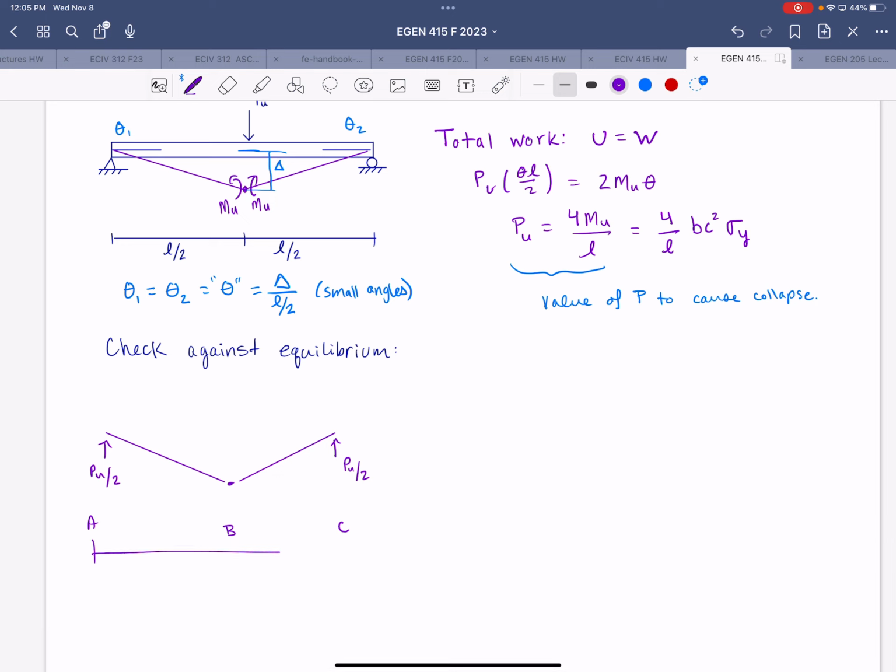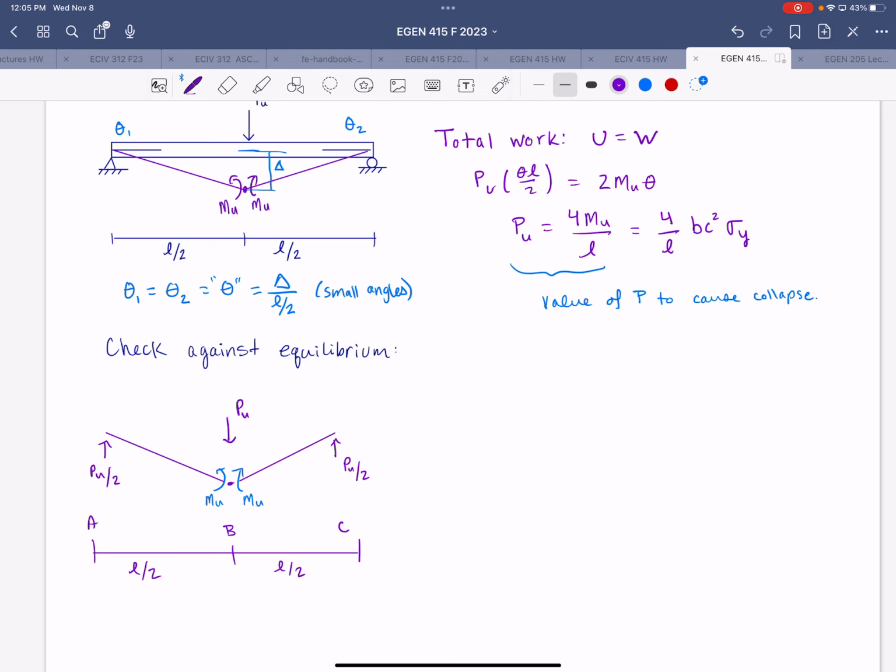The horizontal distance between each point of interest is L over 2. And we have our ultimate moment, Mu. And can't forget about the applied load, Pu.